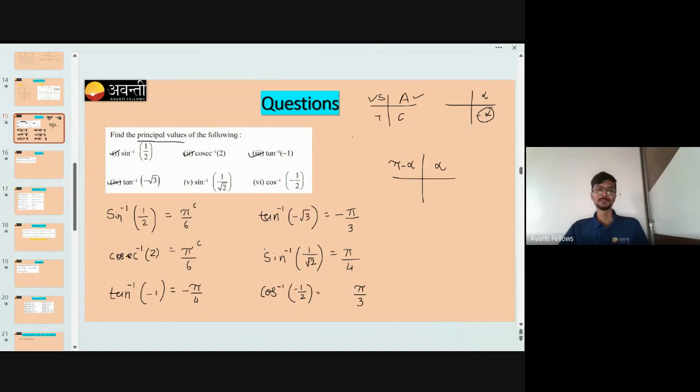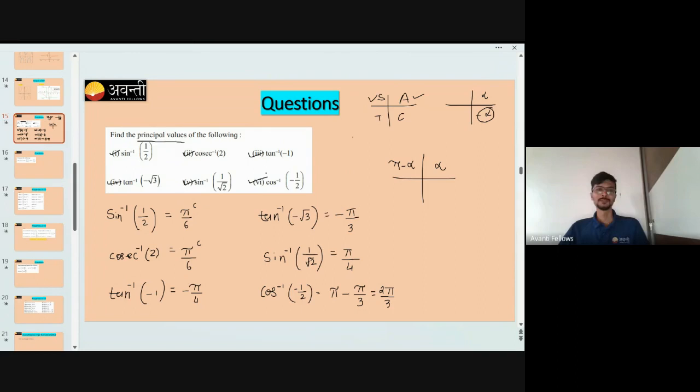So what is cos inverse of minus half? Second quadrant, which is pi minus alpha. Alpha for first quadrant angle is pi by 3. So my answer will be pi minus pi by 3, which by LCM we get as 2 pi by 3. This is my answer.